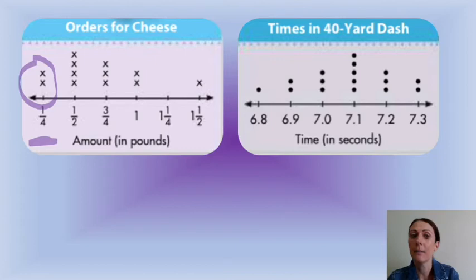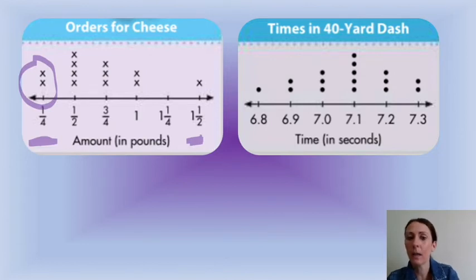That means that there were 2 orders that were 1/4 pounds. If we went over to, let's say, the 1 1/2, how many x's are over top of the 1 1/2? Right, 1 x. That means that there was 1 order of cheese that was 1 1/2 pounds.